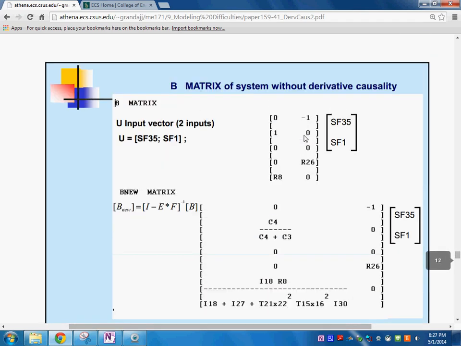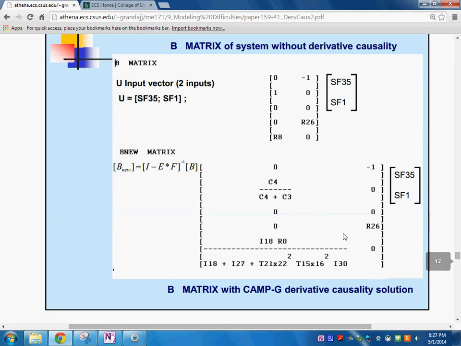So you can see that the new B matrix became much more complex, but that's what we need. We need this to solve the system of equations. So in conclusion, you can actually modify the system a little bit, or if you insist, it'll produce a set of implicit equations that needs to be solved, as I have shown you here.